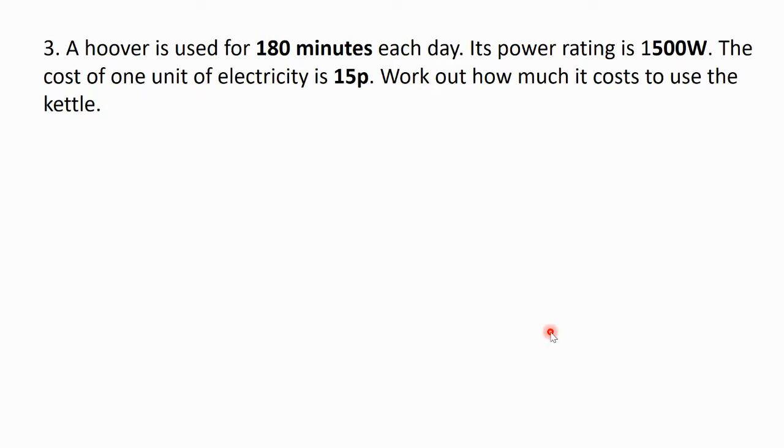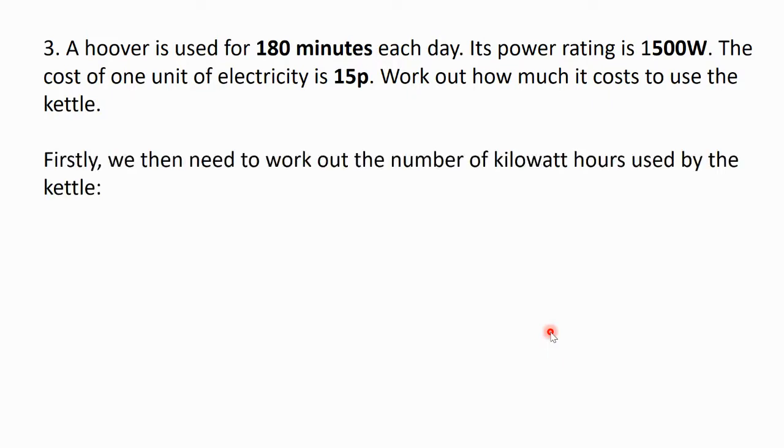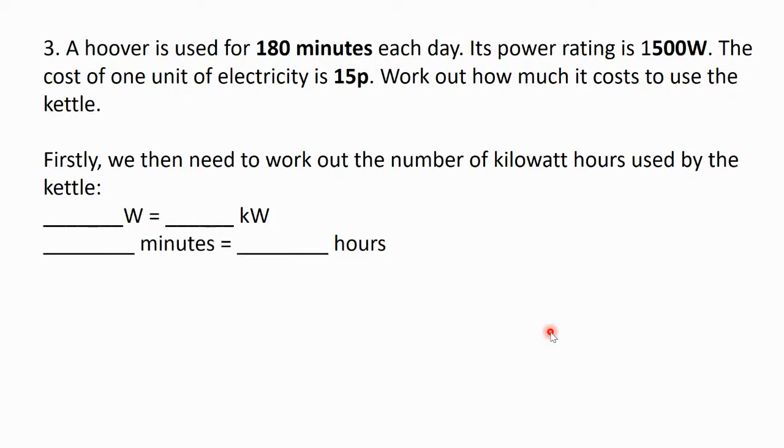Right, one final example. So read this question now, pause the video, and complete it on a piece of paper. So step 1, if you need a hint, convert watts to kilowatts. So do this now. Step 2, take the minutes, convert it to hours.